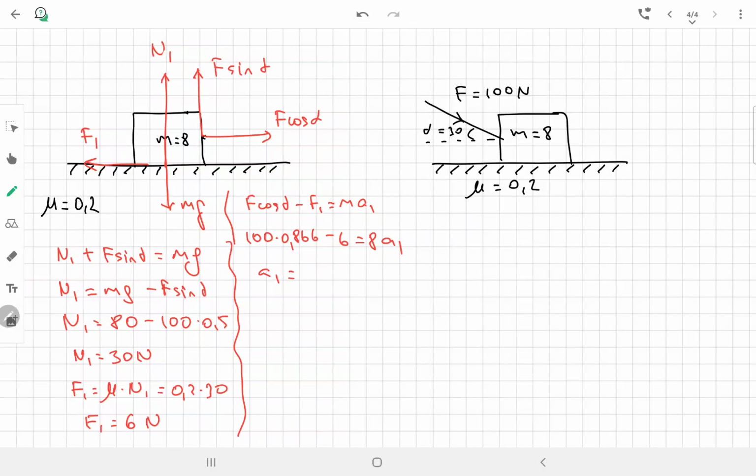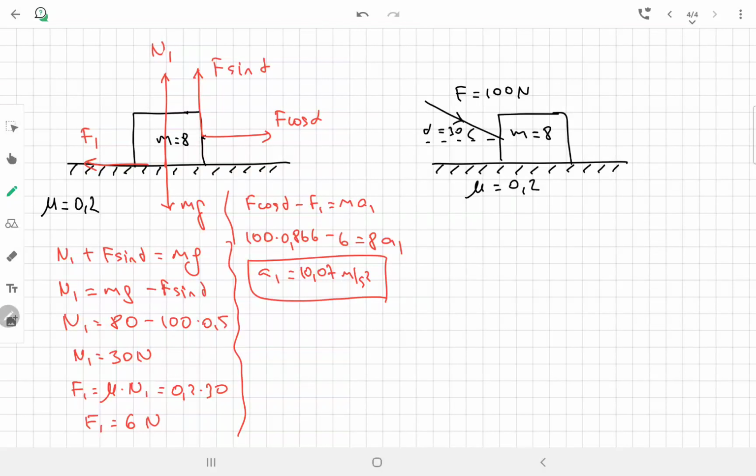So from here acceleration will be equal to approximately 10.07 meters per second squared. This is the acceleration of the first object in the first case.